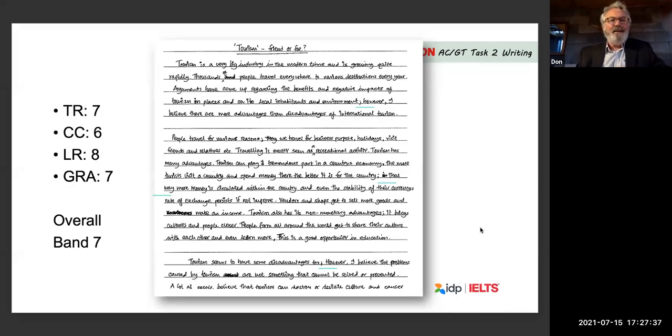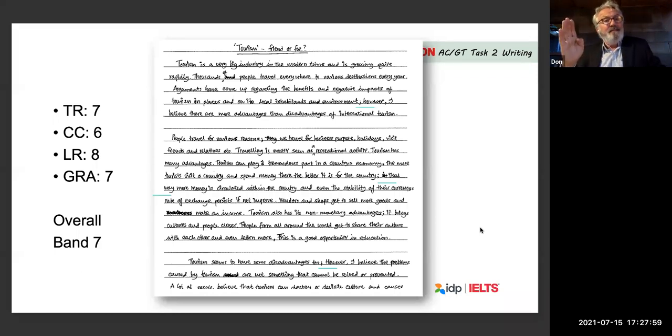This is an essay which gets a band 7. But you'll see that it's not a 7 throughout. It's a 7 for the task response, the first criterion. It's only a 6 for the second criterion, coherence and cohesion.